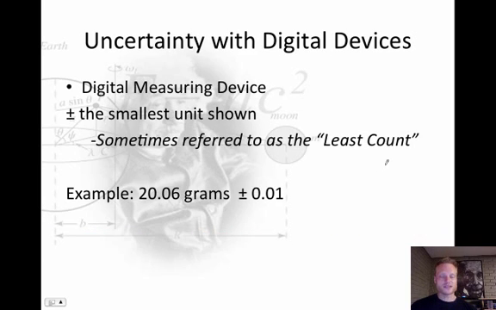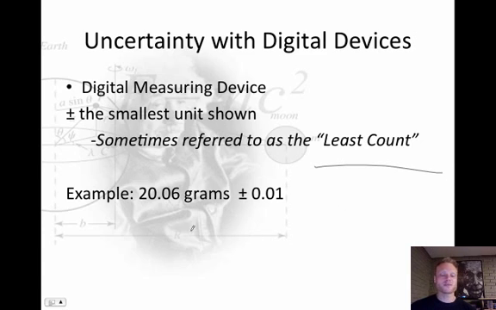With digital devices, these are things that do actually flash at you. So, you know, like an electronic balance, a stopwatch, a digital thermometer, those types of things would all be considered digital devices. And basically the uncertainty is plus or minus the smallest unit shown. And sometimes that's referred to as the least count.